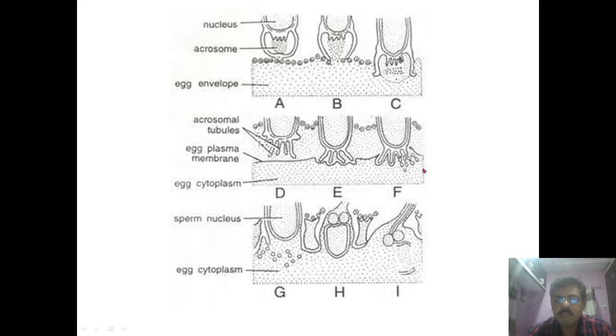These are the diagrams of the mechanism of fertilization, how the process occurs in organisms. The first is the sperm and acrosome reaching towards the egg envelope or egg surface.